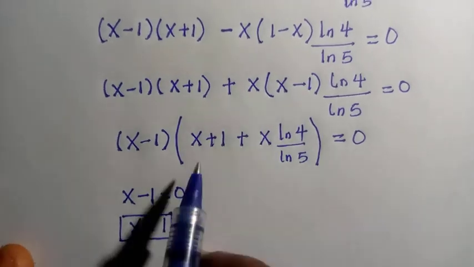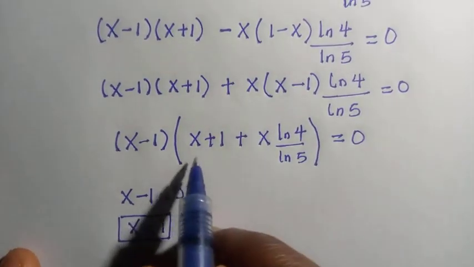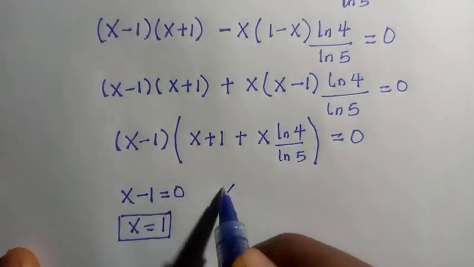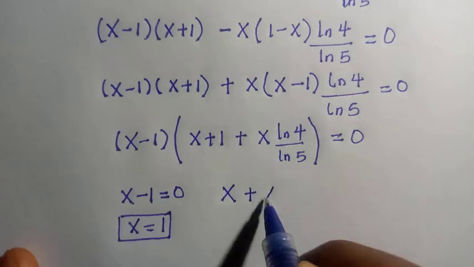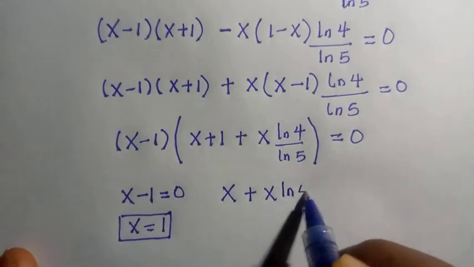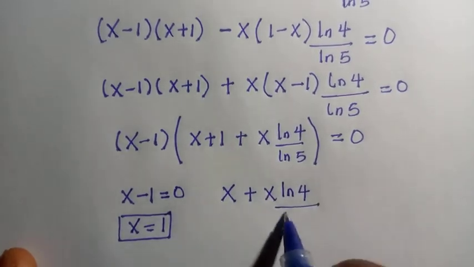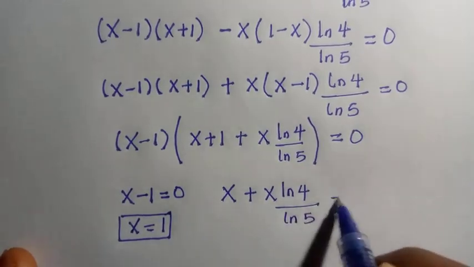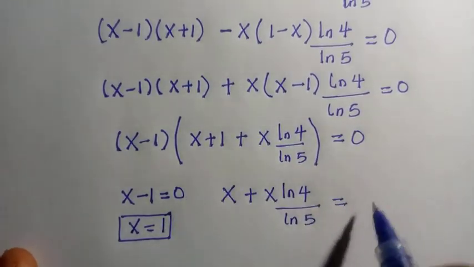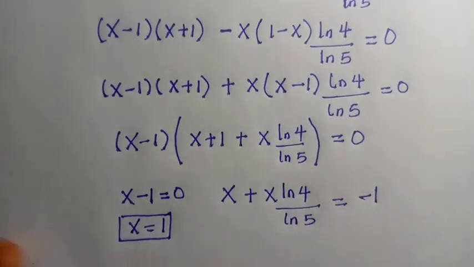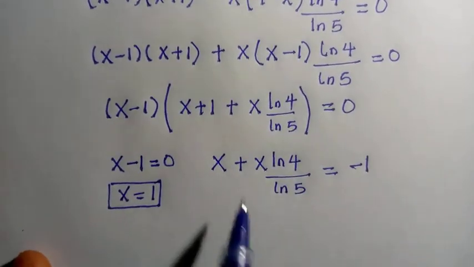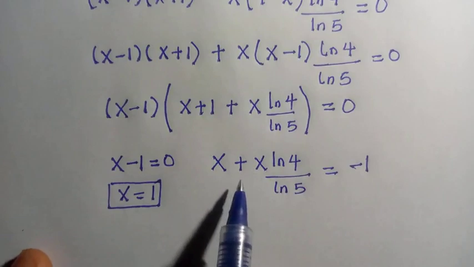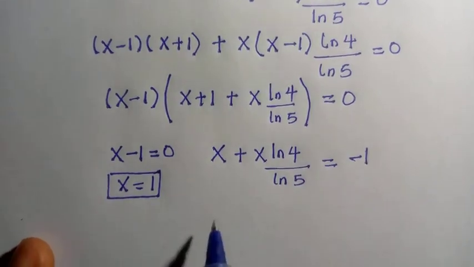And also with this one, we have x here and we have x. So by combining them together, we have x plus x ln 4 divided by ln 5 equals, by taking one to the other side, minus 1. And looking at these two, x is common. So we factor out that x.